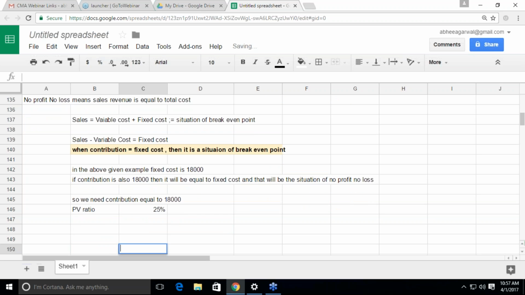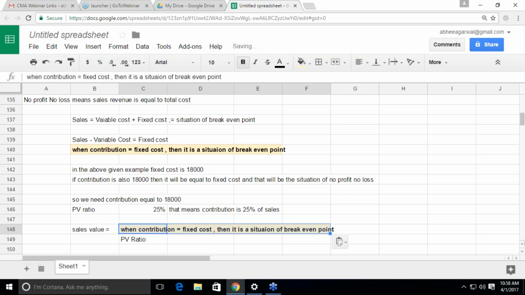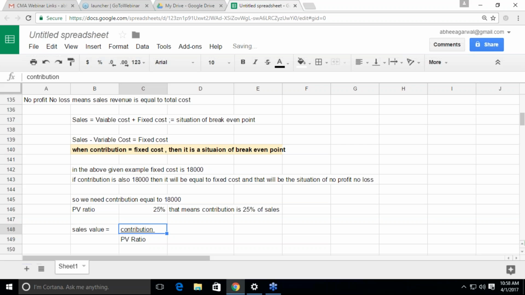That means contribution is 25% of sales. So sales, how to calculate sales? Sales value is equal to contribution upon PV ratio. With this formula, I can calculate the sales.